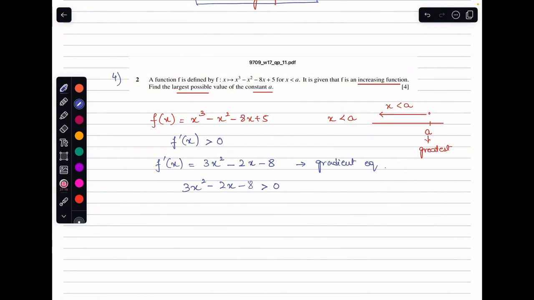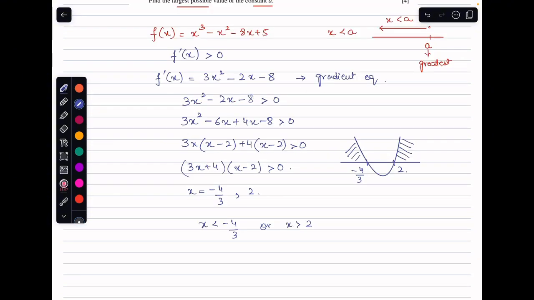So I need to solve it, and since it's a quadratic, I need to factorize it. Let's see what the answer is going to be. If I factorize, my equation becomes 3x squared minus 6x plus 4x minus 8, since 3 times 8 is 24, and 6 times 4 is also 24.